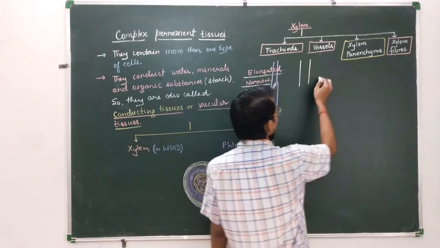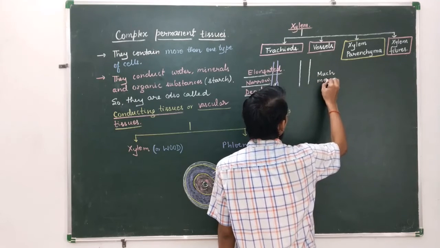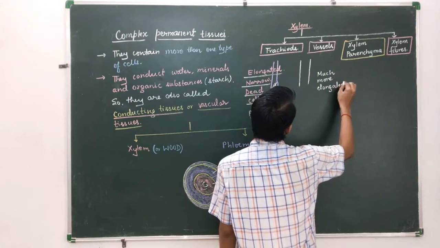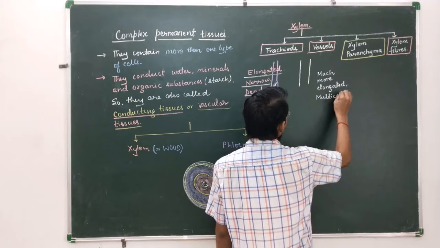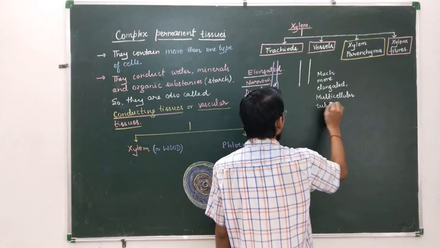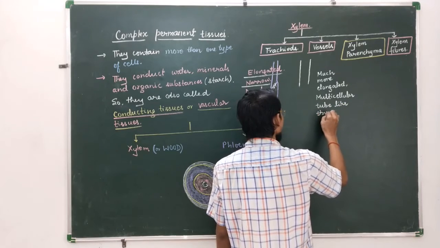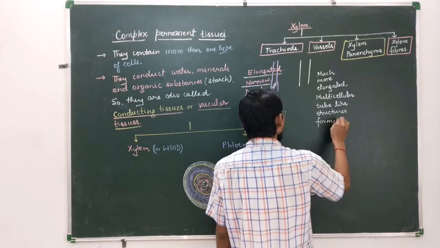So let me write here, much more elongated multicellular tube-like structures formed of dead cells.